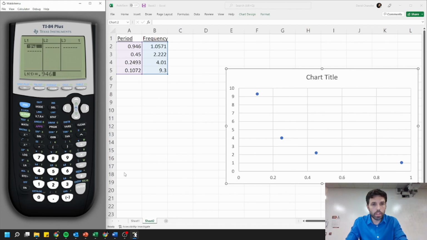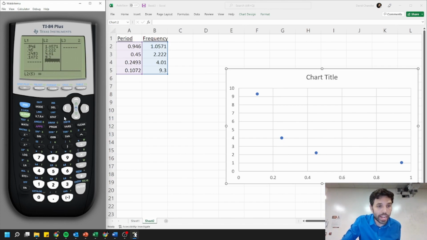Then 0.45, 0.2493, 0.1072, 0.0571, 2.222, 4.01, and 9.3. Okay, there are my values in there.